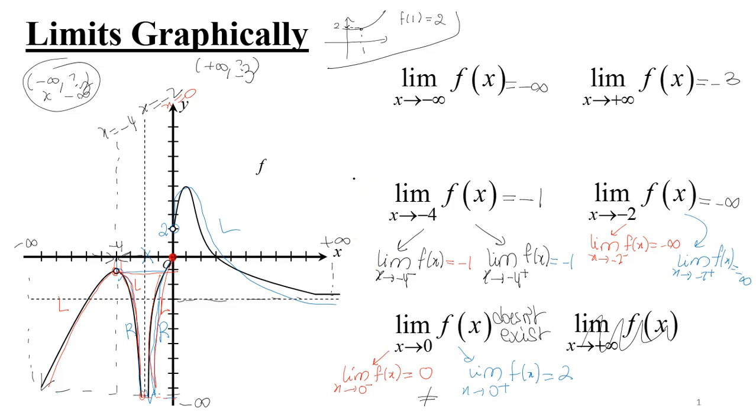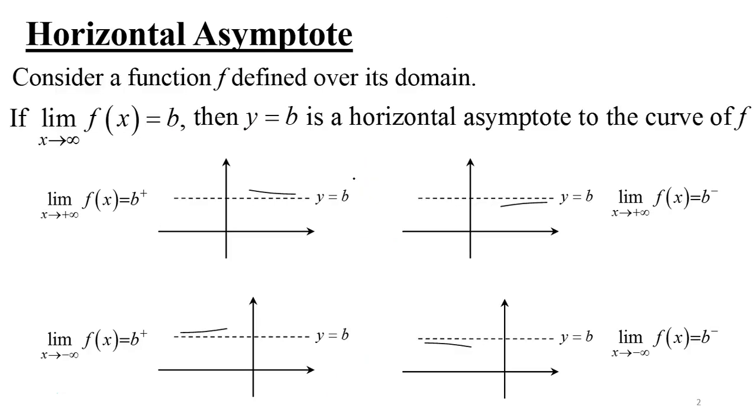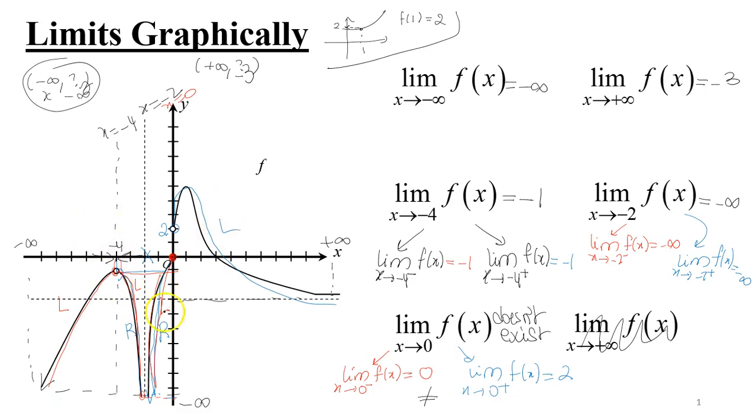Now, before we wrap up this lesson, I need to go through more details regarding asymptotes. In the previous lesson, we introduced them briefly, and we already spoke about x equals -2 and y equals -3 being asymptotes to the curve.